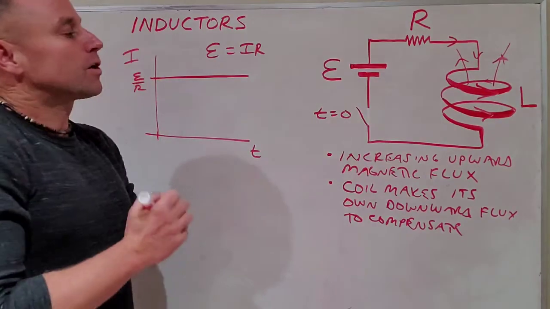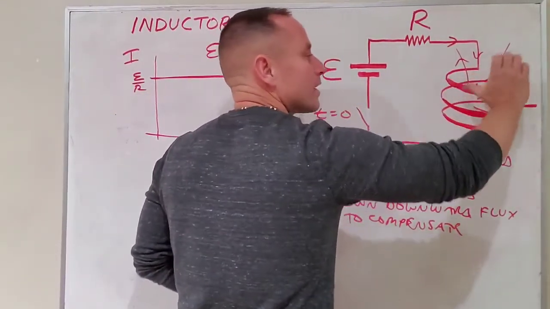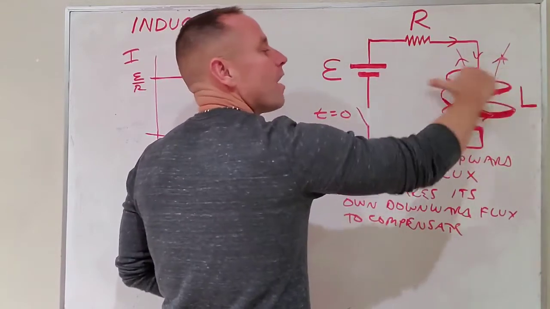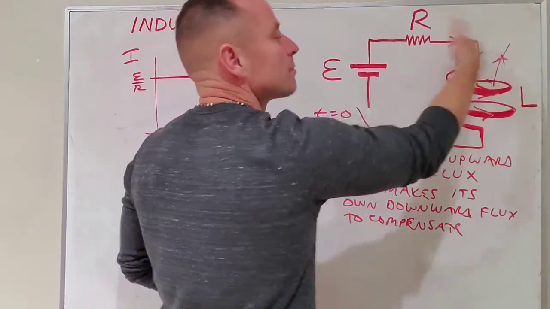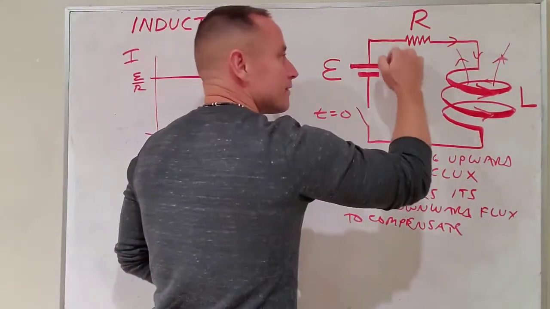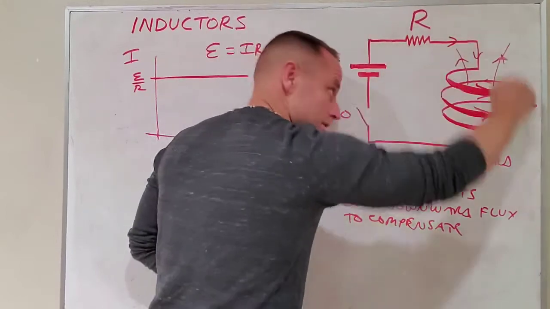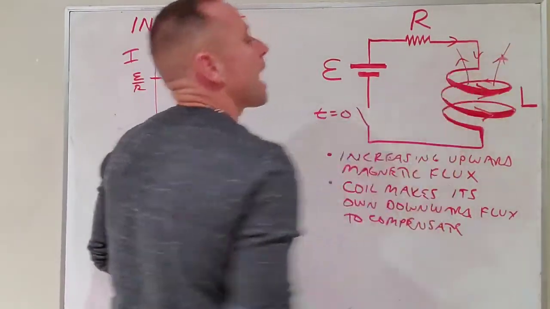Well, you can see that if the coil is going to try to make downward flux, that would be trying to push back on the current, or have current run the other way. All right, so the coil tries to drive some current backwards. Well, it can't, because there's a voltage difference, high voltage here and low voltage there. So current wants to run around this way, but the coil attempts to push current back.